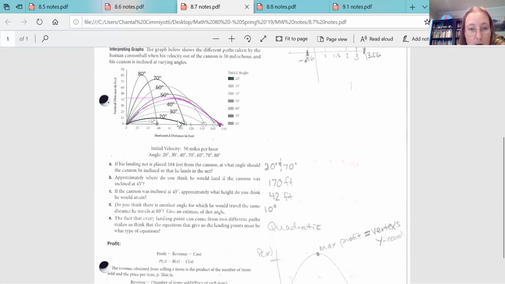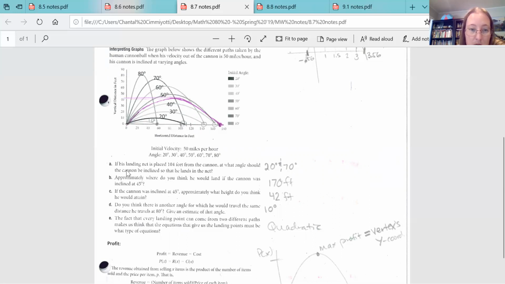Here it was 20 and 70 matched up, and here it was the 30 and the 60 that matched up. Here's the 40 and the 50 that matched up. So one of the questions is, what would match up with the 80? And so you can see here 10, because then it makes it add up to 90. All of those pairs add up to 90.